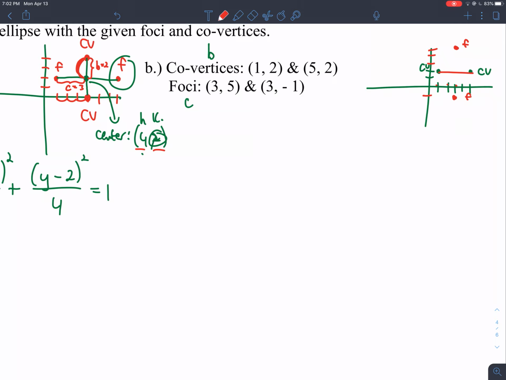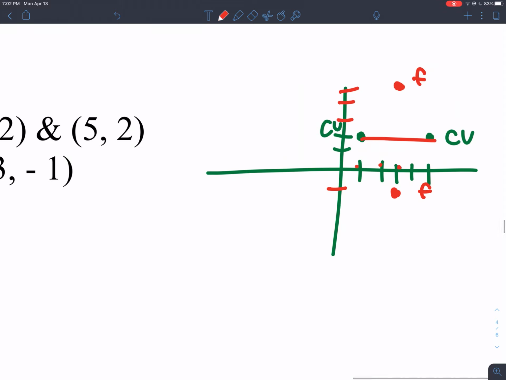Okay? And so what I have now, I've been given some useful information. This is the center. First of all, I know that. The center is halfway between the two foci and halfway between the covertices and halfway between the two vertices. And so the center, I can actually write the coordinates of the center. It's 3, 2.